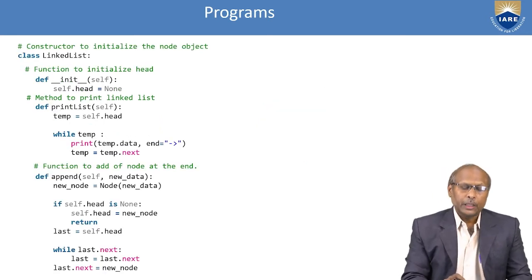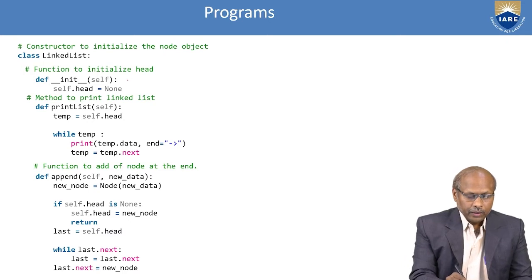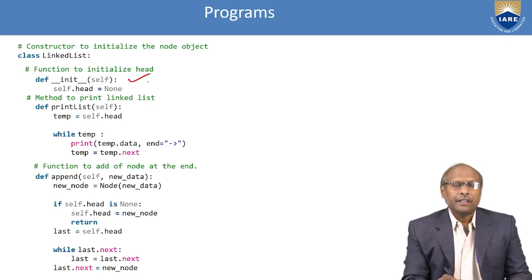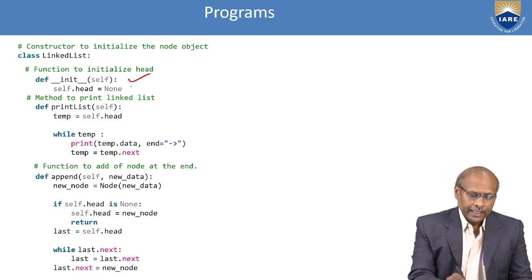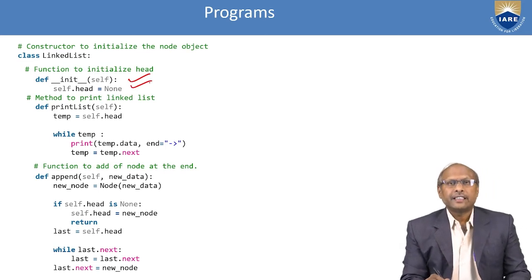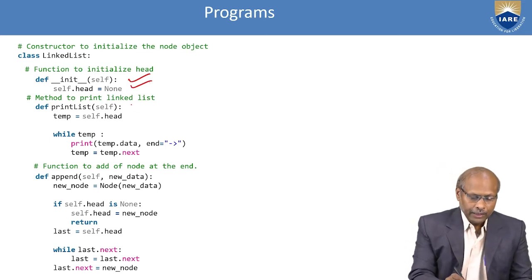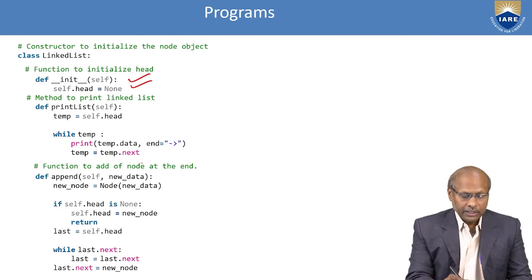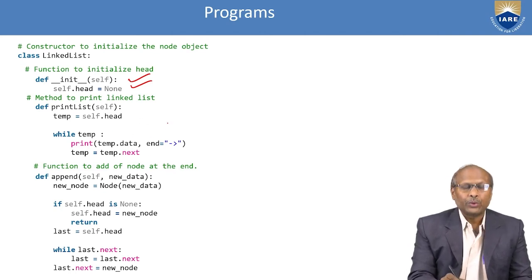Then you can write a linked list program. There initially you maintain a head pointer, the start pointer, which is initially None, because None indicates nothing is there. Then you write a method called print method. The print method allows you to display all the data till the end.